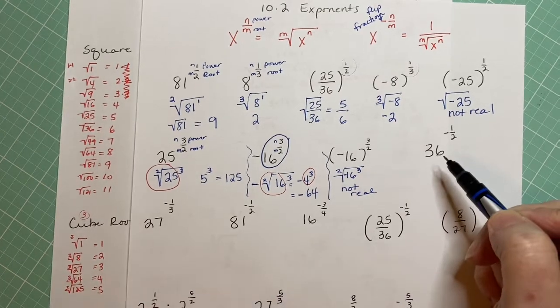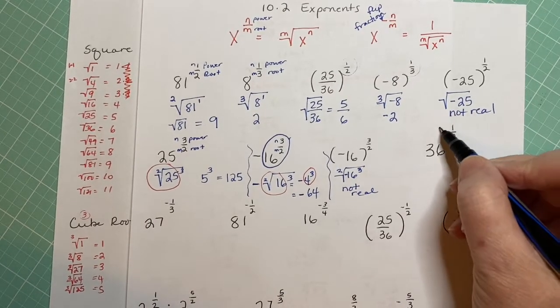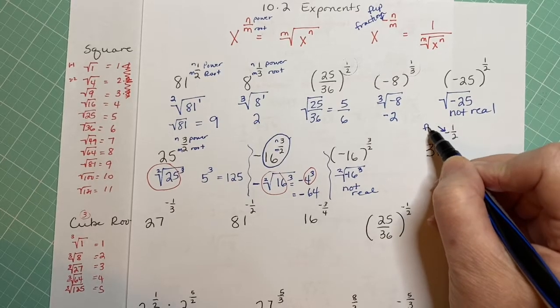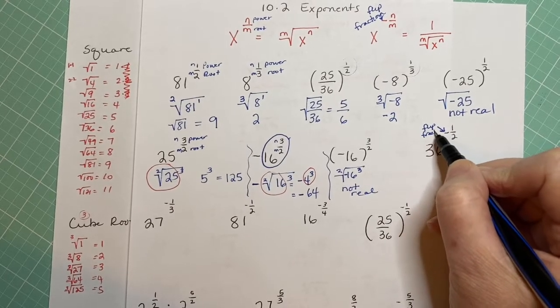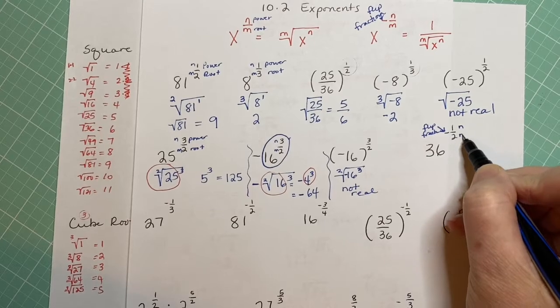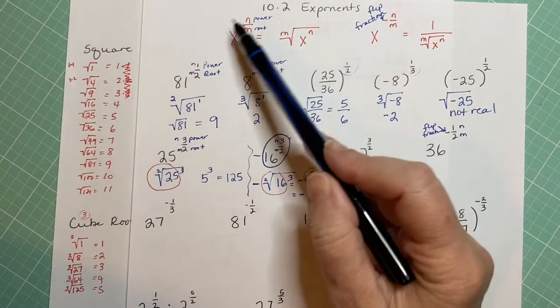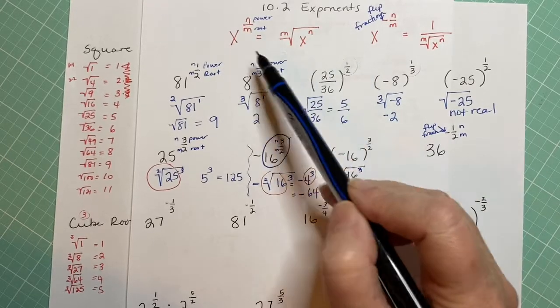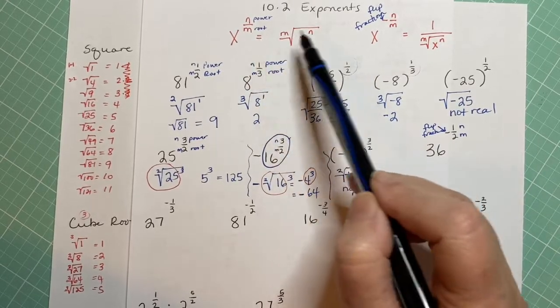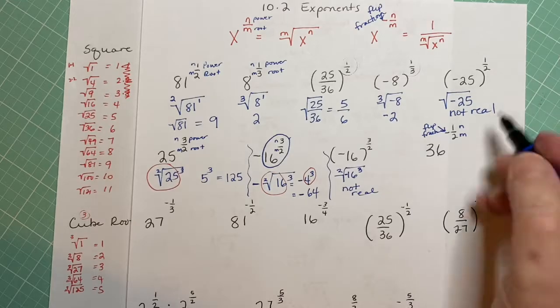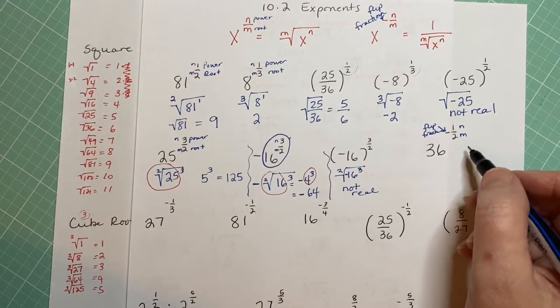So when I'm looking at this 36 to the negative 1/2, this negative means to flip it and make it a fraction. And then this is your n and this is your m, or your power over root. Because on a test, well, this class you'll be taking it home, but when you're in your college algebra class, you may not have this memorized. So if you think of power over root, that will help you too.